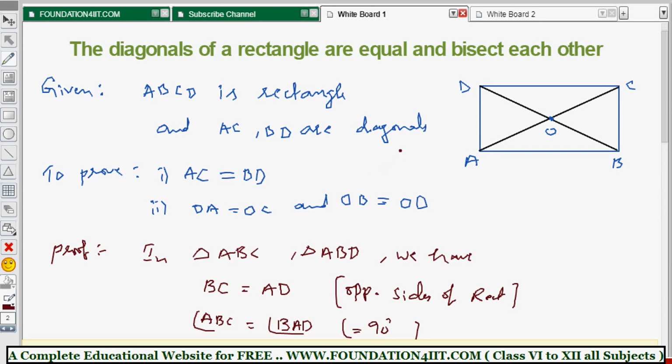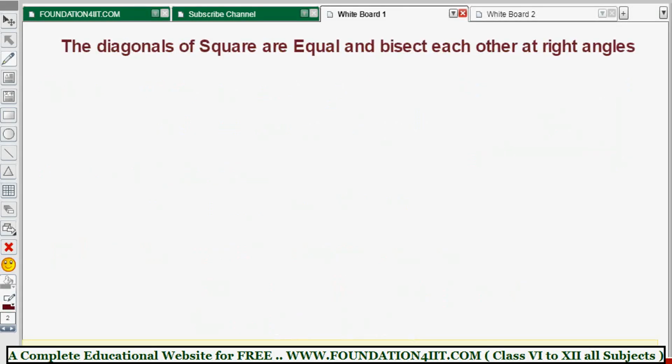For any type of proof in quadrilaterals, you need to check which two triangles to take to prove they are congruent or not. That's important. Similarly, we can prove the diagonals of a square are also equal and bisect each other at right angles. That I will explain in the next theorem: how to prove the diagonals of a square are equal and bisect each other at right angles.